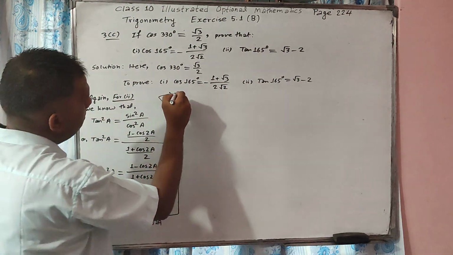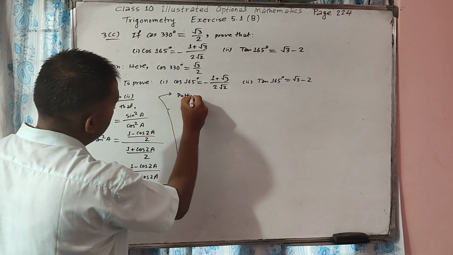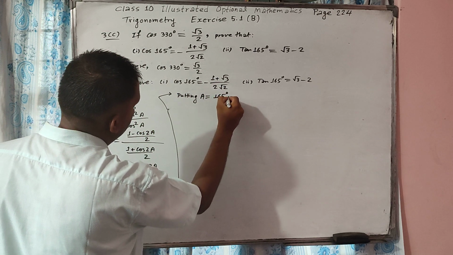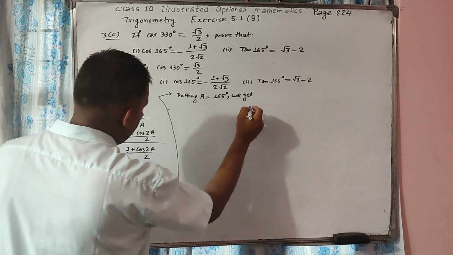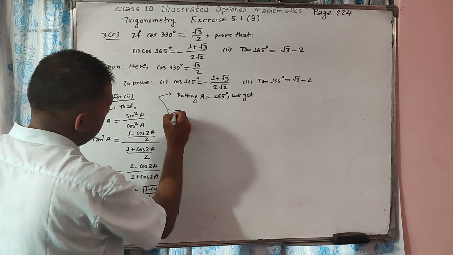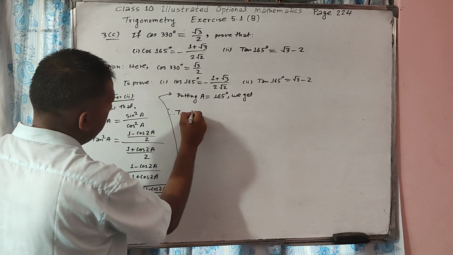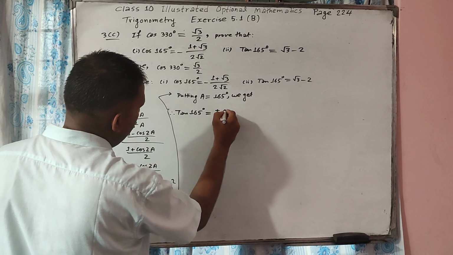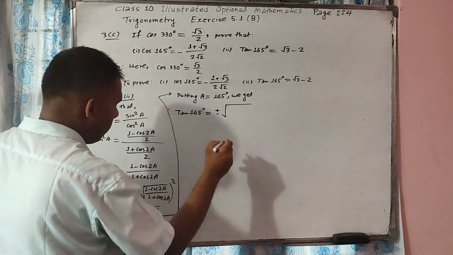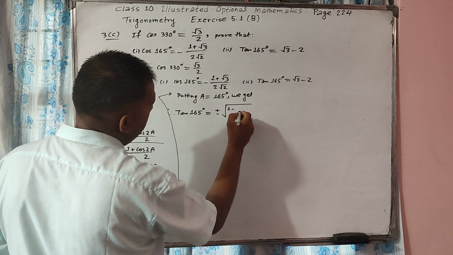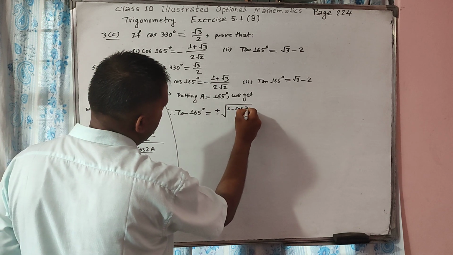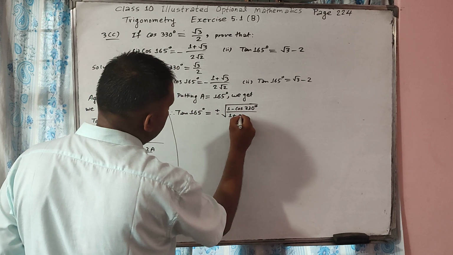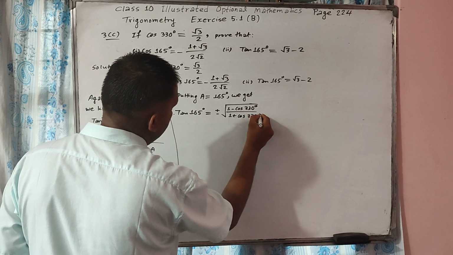Putting A equal to 165 degree, we get tan 165 degree equal to plus minus square root of (1 minus cos 2A, 2 into 165 is 330, so cos 330) whole upon (1 plus cos 330 degree).